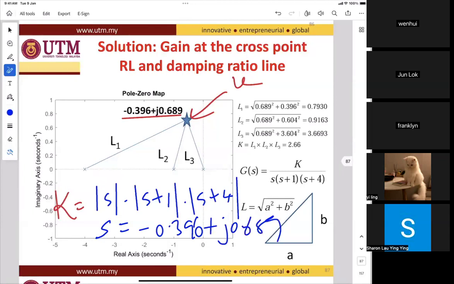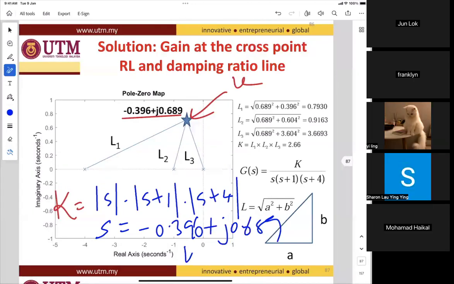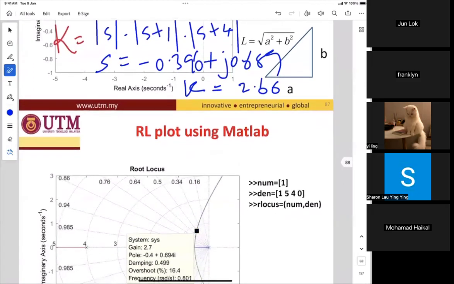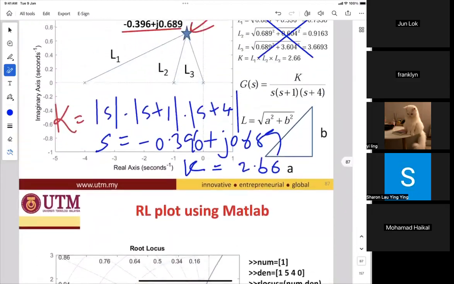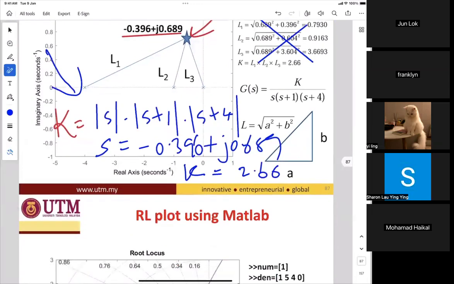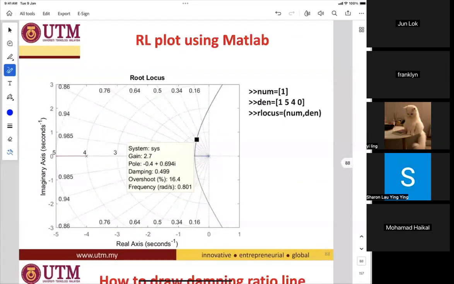Okay. And the answer is 2.66. This one is no need because it's more complicated. So using this one, you just take the dominant pole, put it inside the formula, and use a calculator to calculate the magnitude, so you will get the answer 2.66 directly. All my students follow this method. Okay.